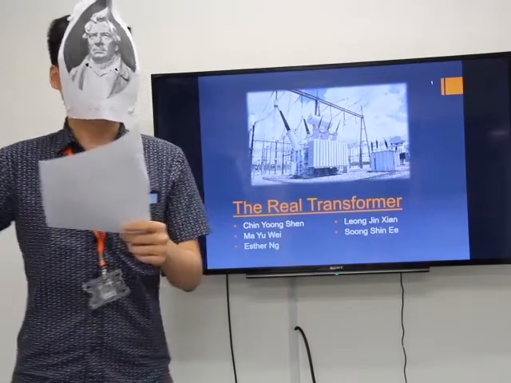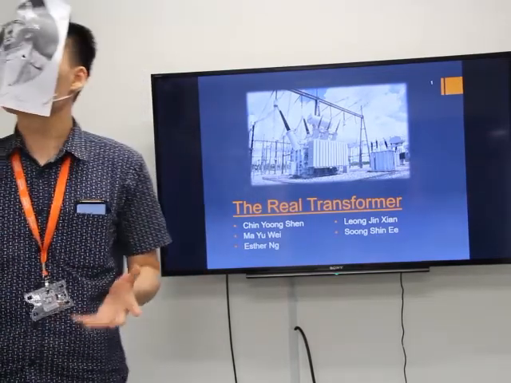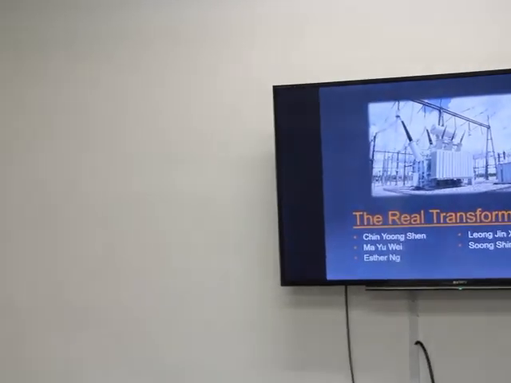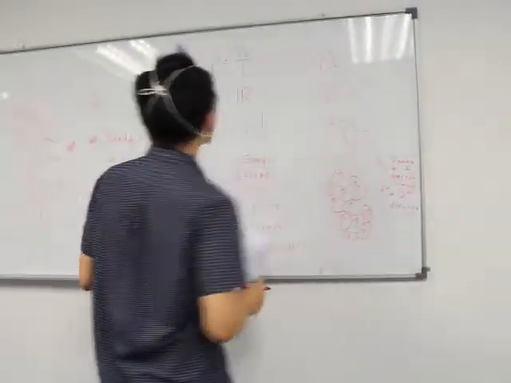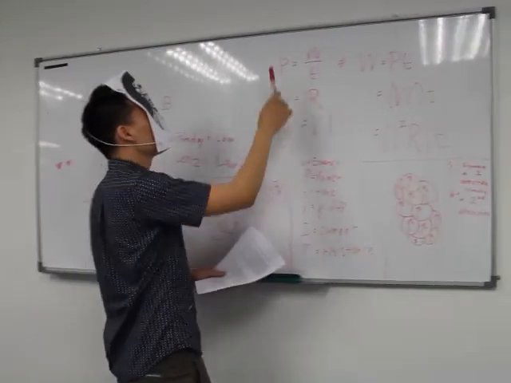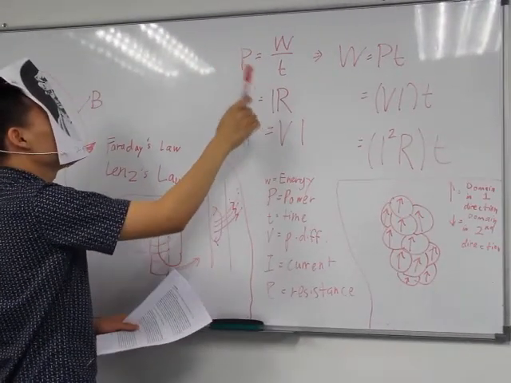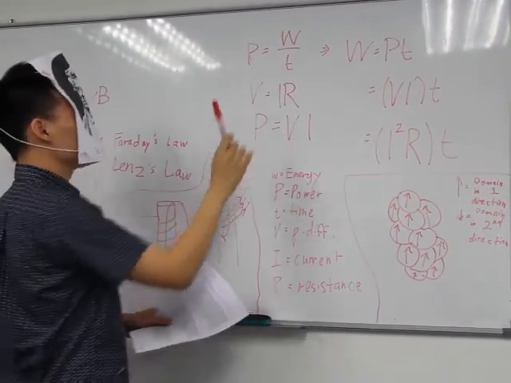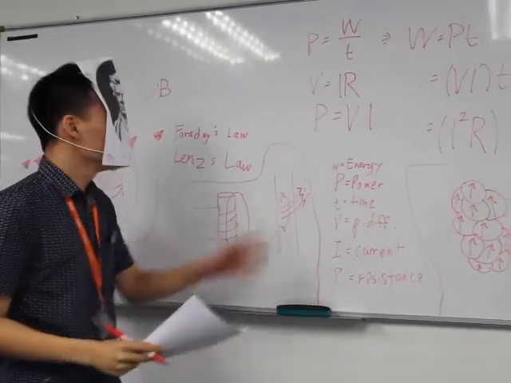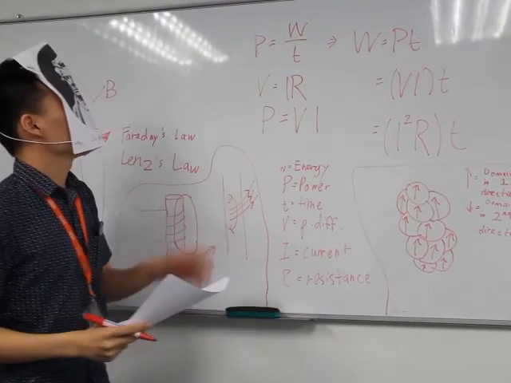There wasn't only back EMF, but there is also Joule loss through heating. And back onto the whiteboard, as we can see here, deriving the many formulas that we have learned from last year, we have the power formula, which is energy over time, the voltage formula, which is current times resistance, and we have another power formula, which is also voltage times current.